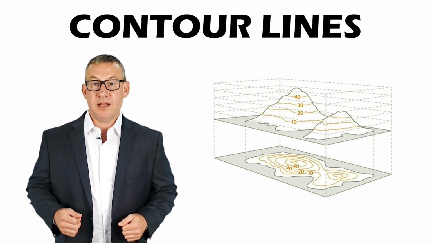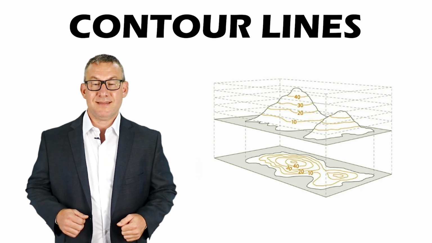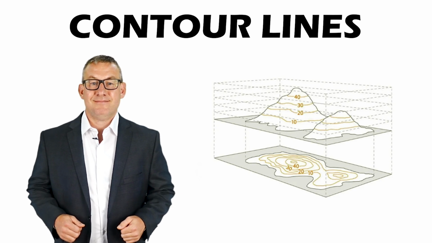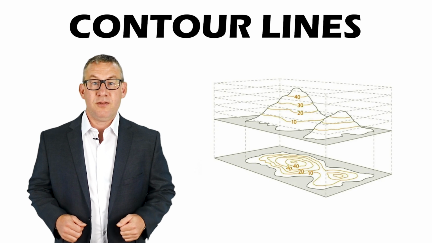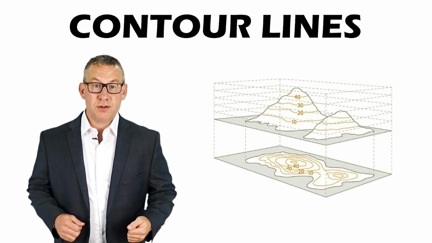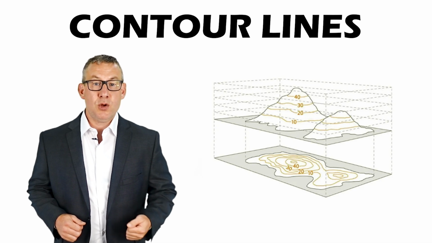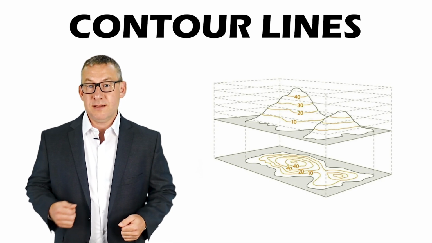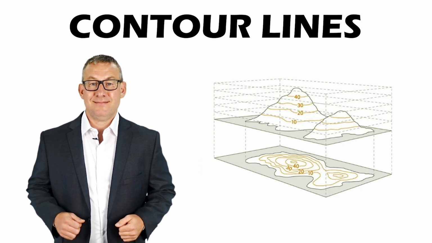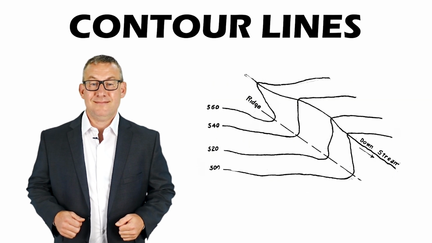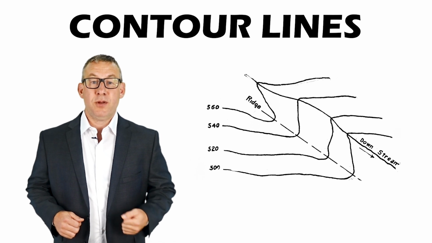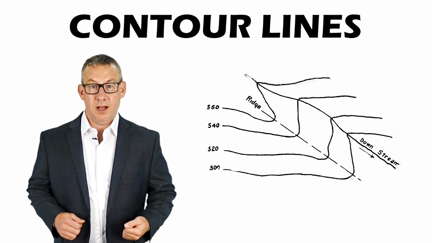Terrain characteristics can be interpreted from contour lines. Slope can be determined from contour line spacing. Closer contour lines indicate steeper slopes. Widely spaced lines suggest gentler terrain. Stream locations can be interpreted from contour lines.